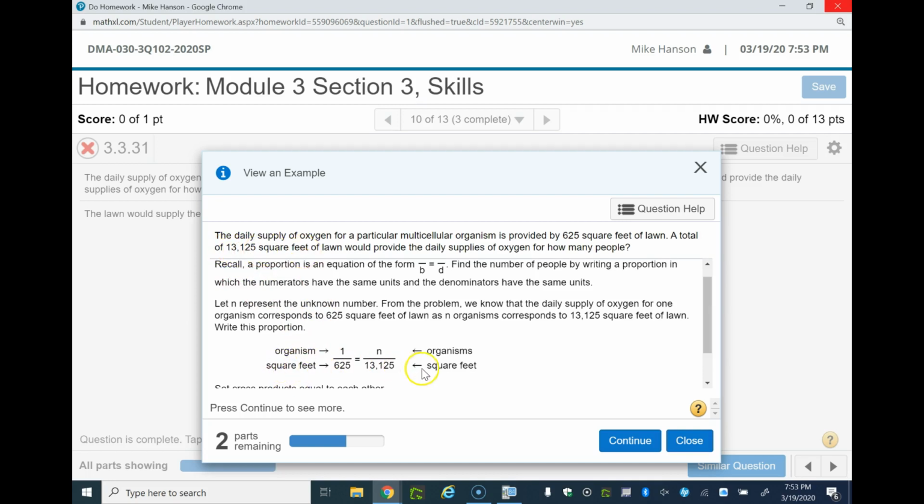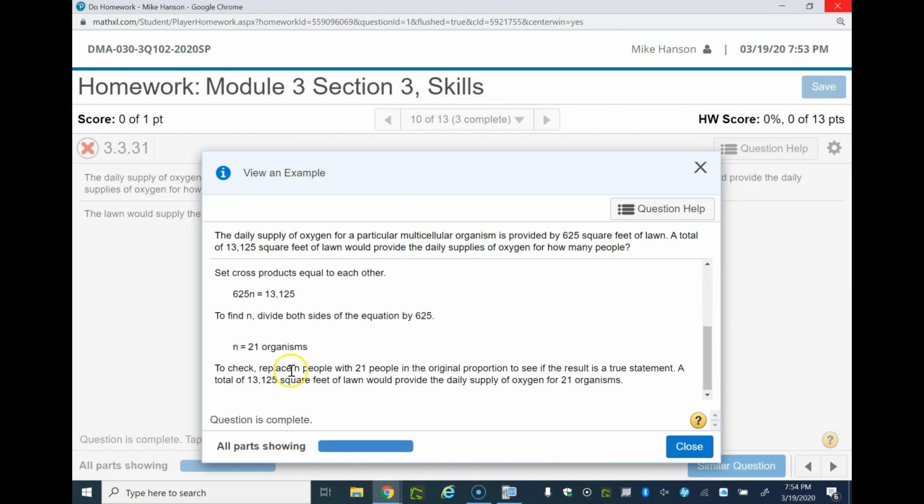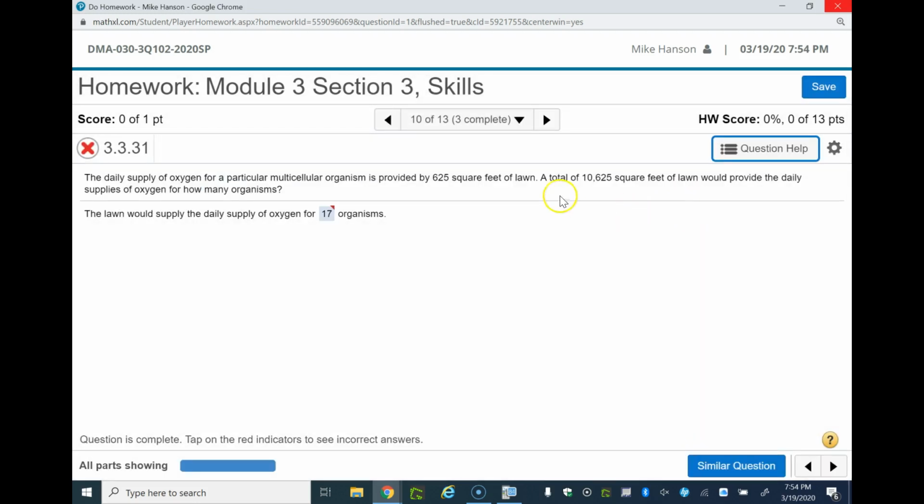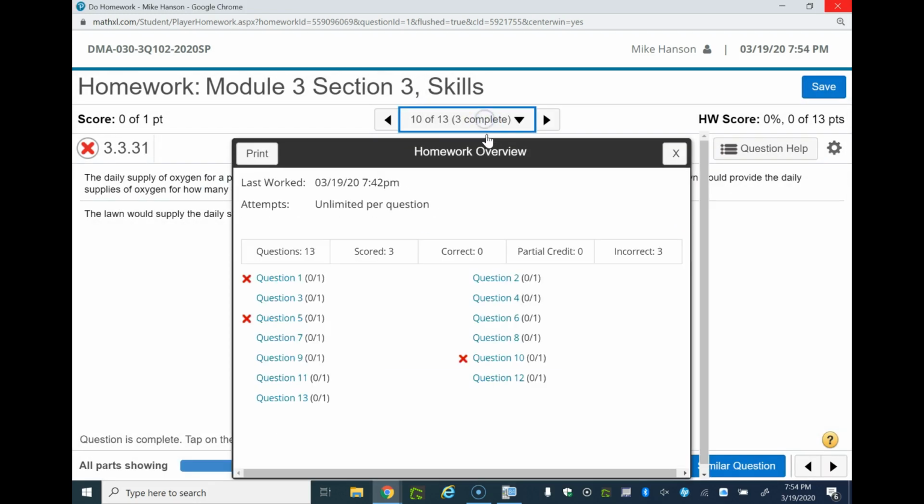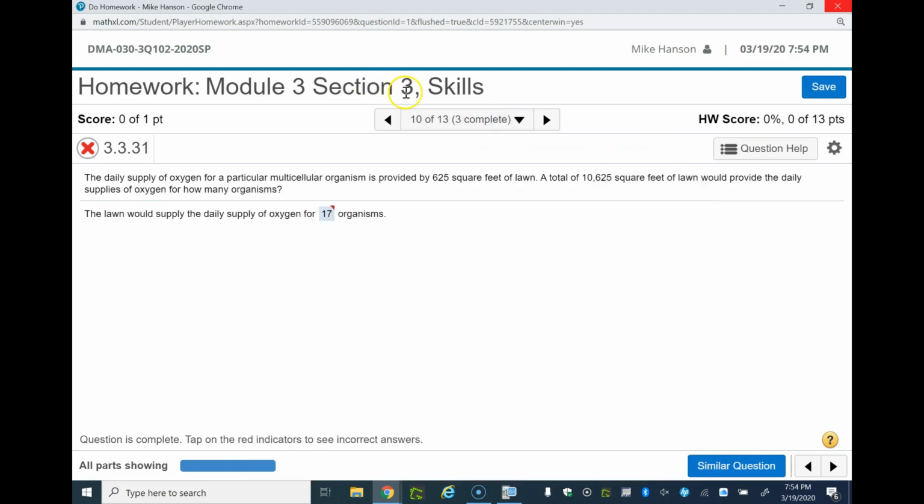Because we labeled these down here as square feet, this is where this goes. It does not go on top because that's organisms. So we multiply diagonally, divide by the number left over, and we produce our N of 21. Those few problems that I worked here should help you with section 3.